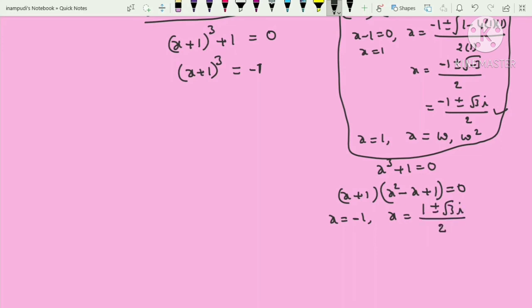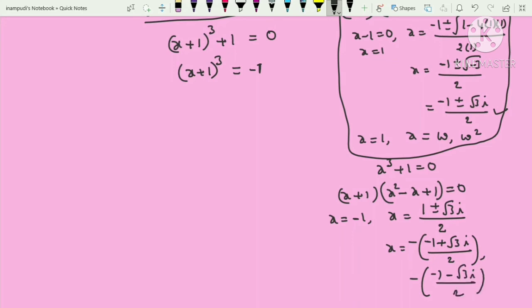These are written as x is equal to minus omega, that means minus of minus 1 plus root 3i divided by 2, the first root, and the second root minus of minus 1 minus root 3i by 2.